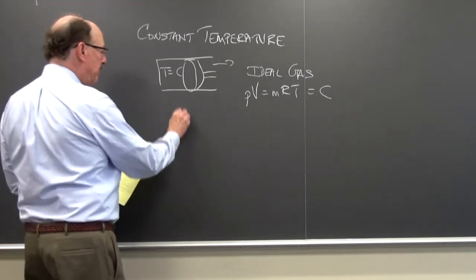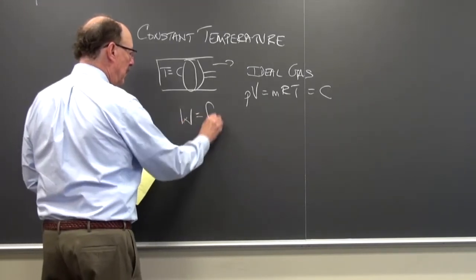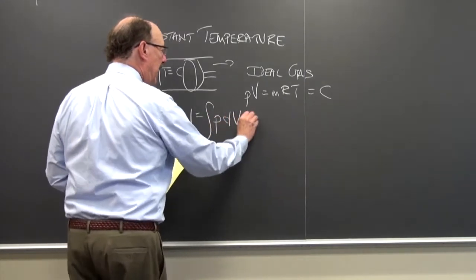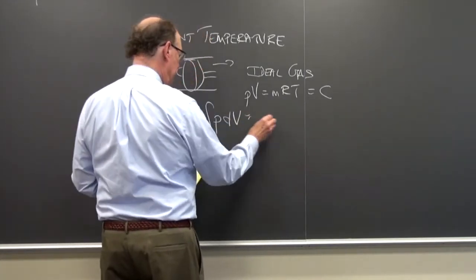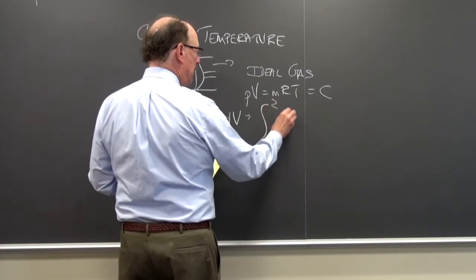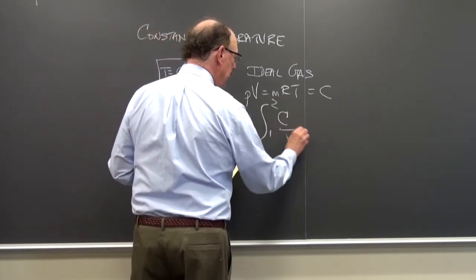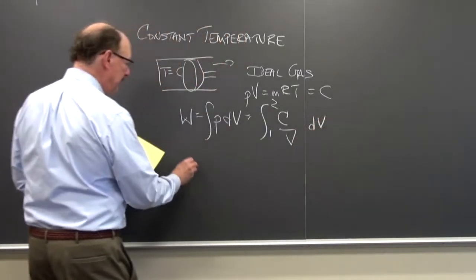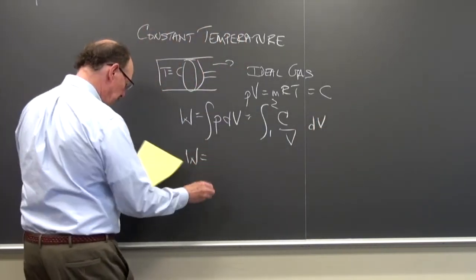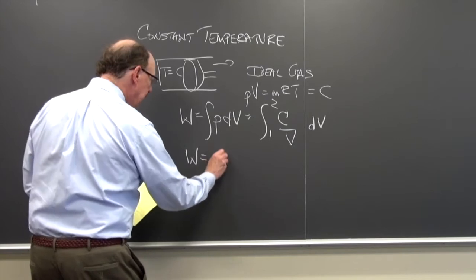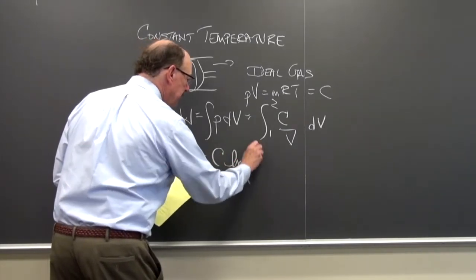I could integrate and find the work of PdV, and P is C over V dV. So we have that the work is equal to a constant times the log of V2 over V1.